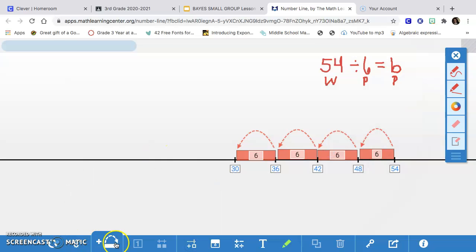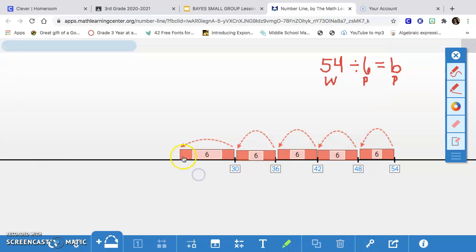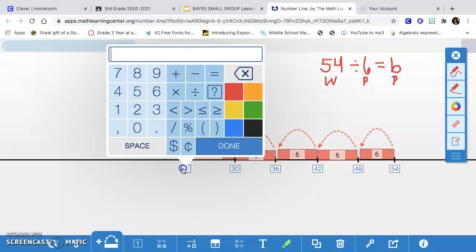And then we're going to take another hop of 6. Can't seem to get my boxes straight, but you get the gist. It has to be equal though. And 30 minus 6 is 24.